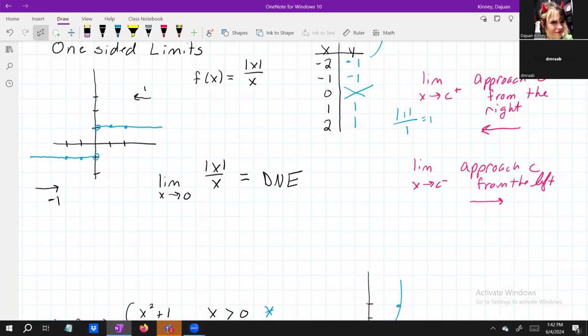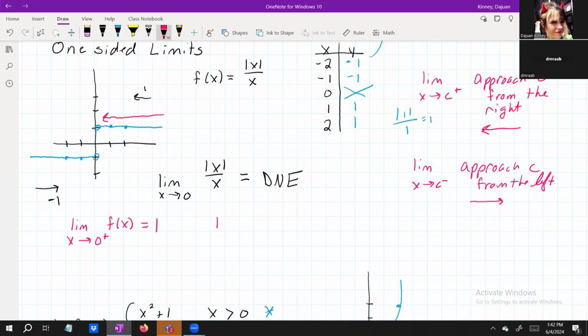There's another example underneath this one. Let's switch a color. The limit as x approaches 0 from the positive direction, and I'm just going to write f of x this time. So from the positive way, we're going this direction. As x approaches 0, we're always 1. So our limit there is +1.